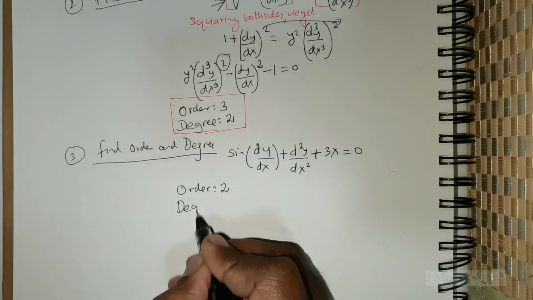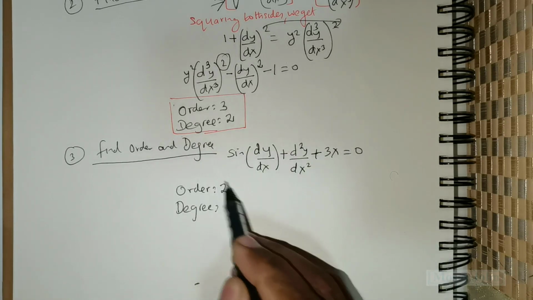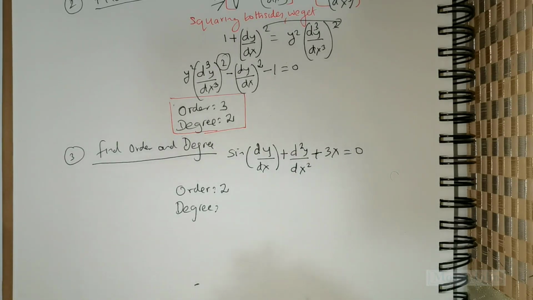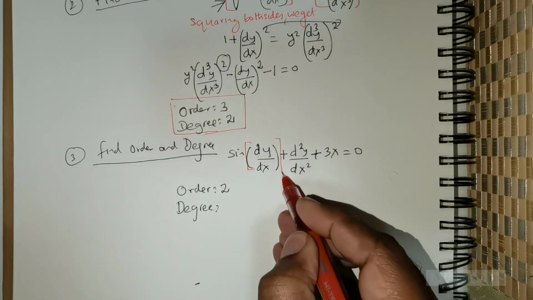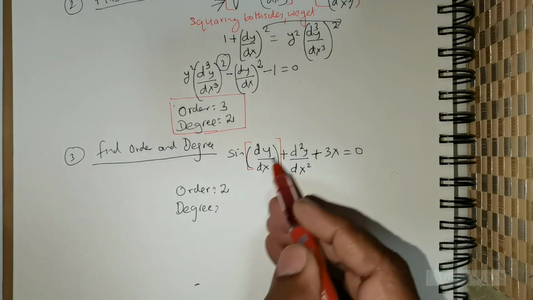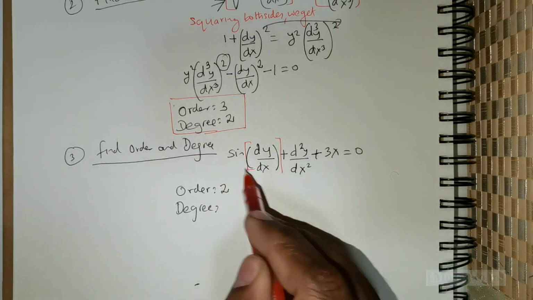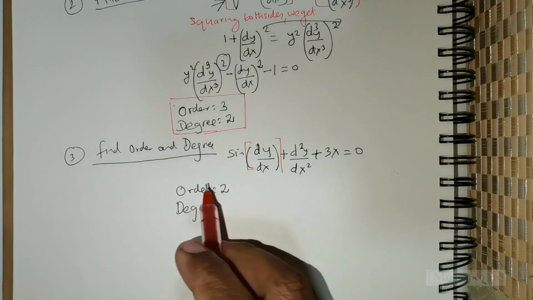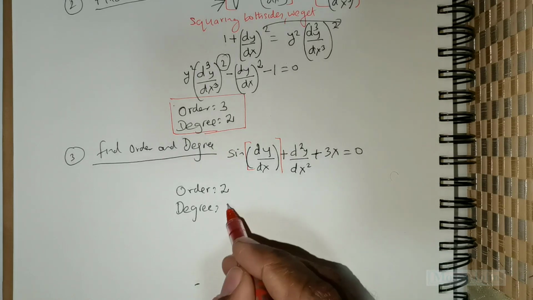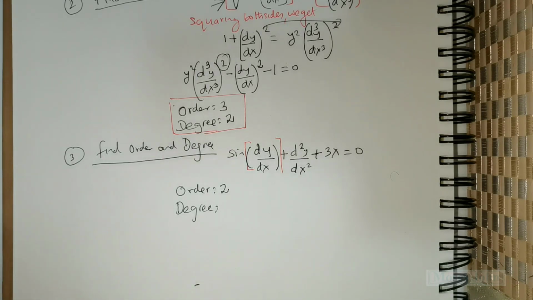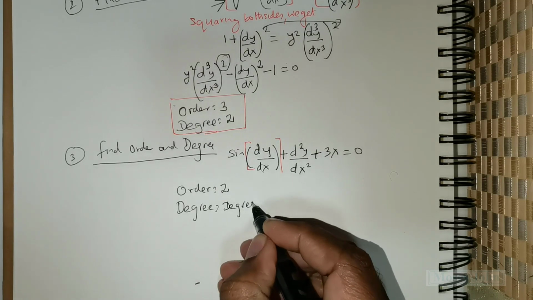Now with regard to the degree, you have to first see if it can be expressed as a polynomial. Now clearly you have the presence of sine. This is actually sine of dy over dx, so this is featured within the sine component. So for sure you cannot express this as a polynomial, right? So your immediate conclusion should be that the degree is not defined.